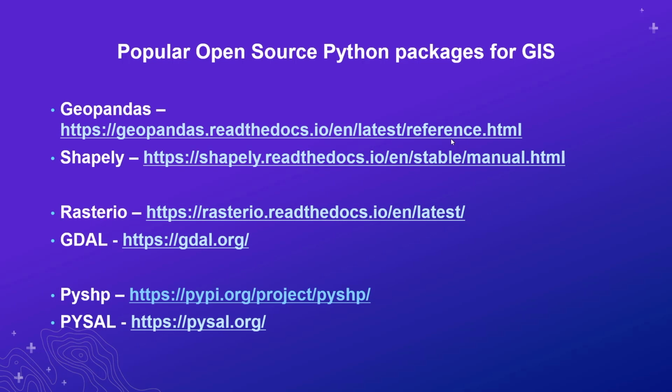These are a popular list of packages for your GIS workflows. GeoPandas is an extension of pandas to work with geospatial data. So the table we just exported, the test CSV, was actually a spatial data frame.